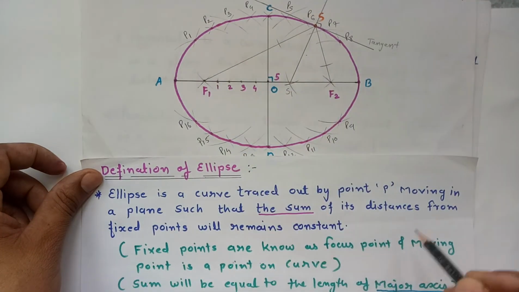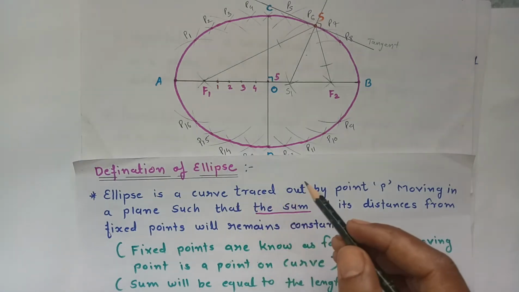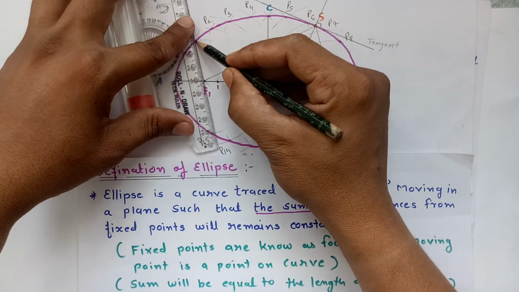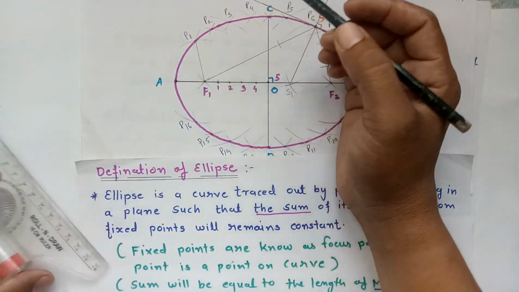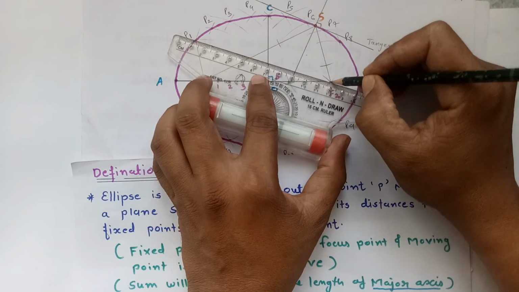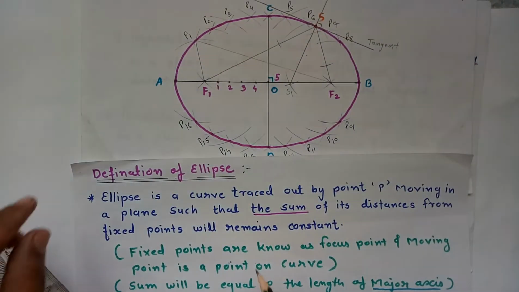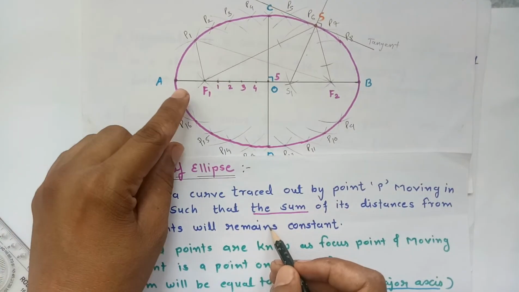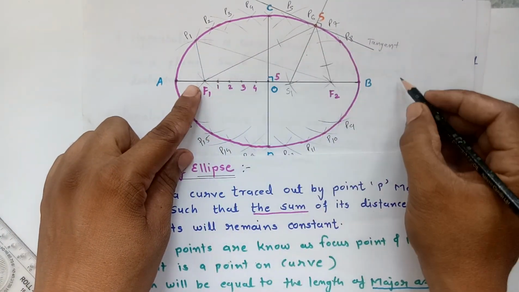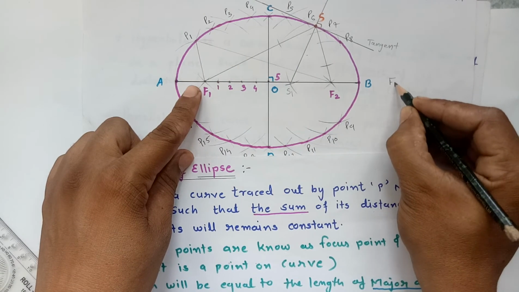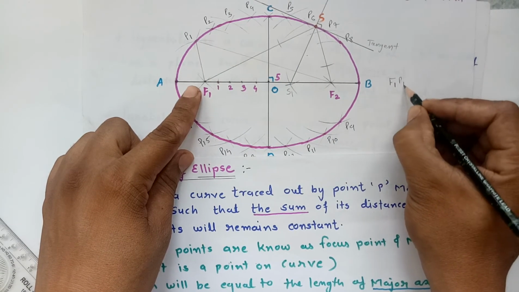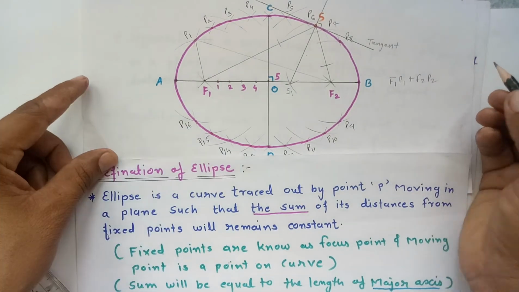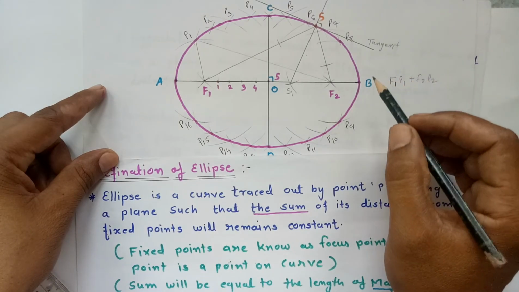So what this definition tells us: ellipse is a curve traced out by a point P moving in a plane such that the sum of its distances from the fixed points will remain constant. So if P is a moving point, the sum F1P1 plus F2P1 will remain constant.